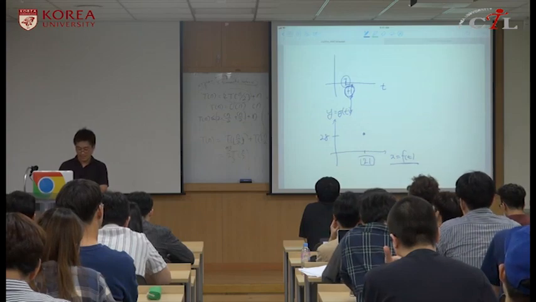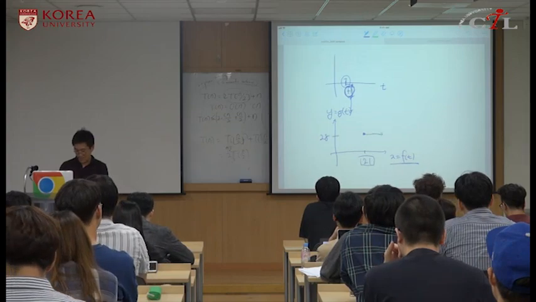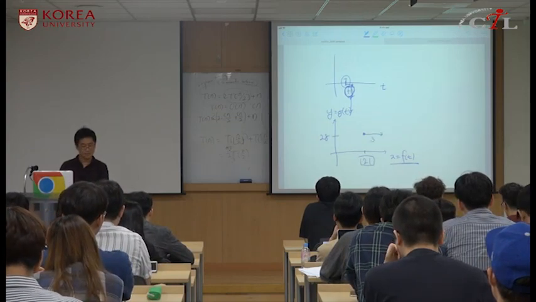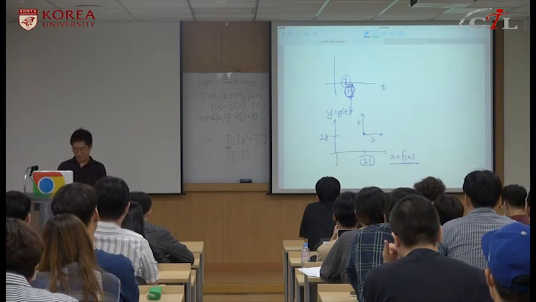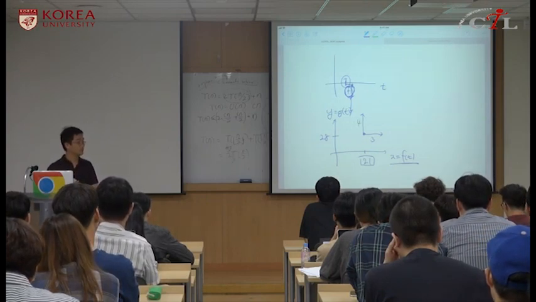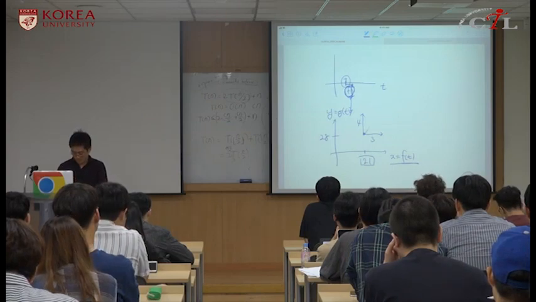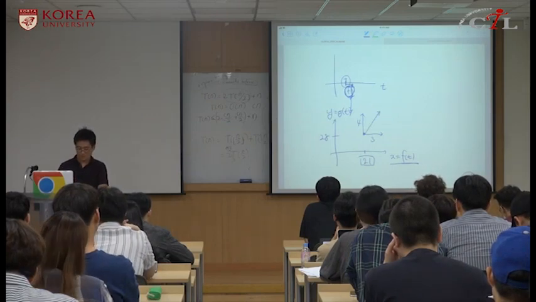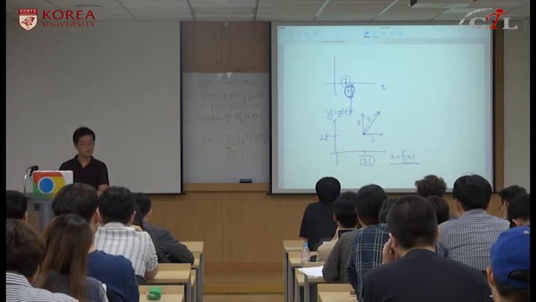And now after changing t by the unit length, it changes by 3 for f of t and 4 for g of t respectively. Altogether this vector, so what is the length of this vector? It is 5, for example.